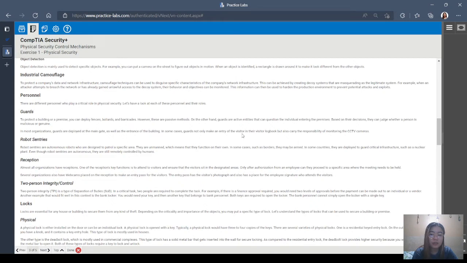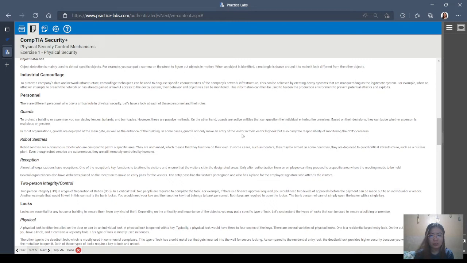Two-person integrity or control is a type of separation of duties. In critical tasks, two people are required to complete tasks. For example, if a finance approval is required, you would need two levels of approvals before the payment can be made out to an individual or a vendor.